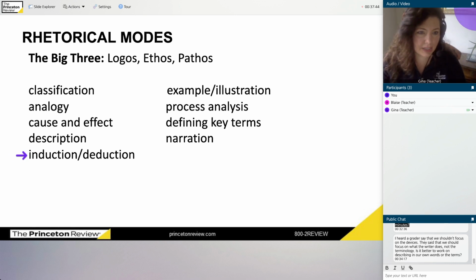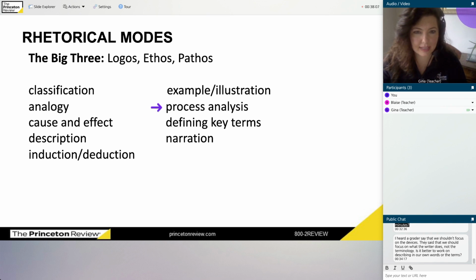Induction and deduction, if you don't know the difference between these two, just write them down, add them to your notes, and look it up. It's really not too complicated, but we probably don't have time to talk about it. It pretty much just has to do with whether you're reasoning from part to whole or whole to part. Then we have examples or illustrations. That's pretty clear.